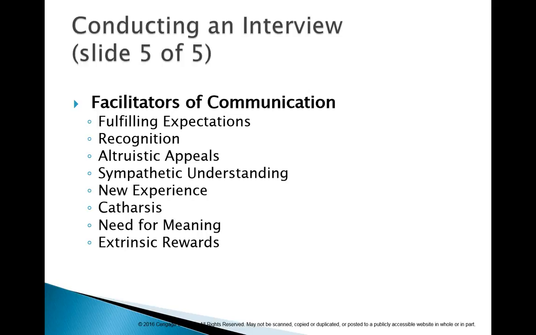To the extent that you can help somebody feel like their actions fit into some broader picture that makes the world make sense, that life makes sense, then they're more likely to share information with you. And then, of course, intrinsic rewards. If you want to get somebody to blow the whistle, you pay them, right? Having whistleblower provisions and rewarding people for providing information that's useful for fraud investigators is also a facilitator of communication.